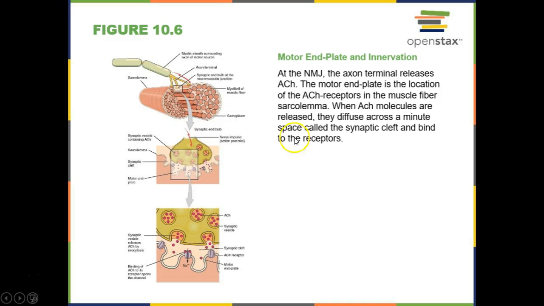And the reason for that is at the end here, this is the axon, and at the end of the axon, we have multiple little terminals. And so each terminal, and you can see that right here, can innervate or can come in contact with a single muscle fiber or myofibril within a muscle fiber. Make sense?